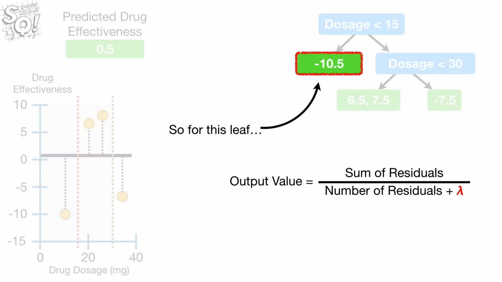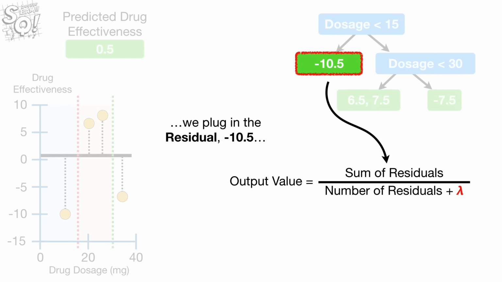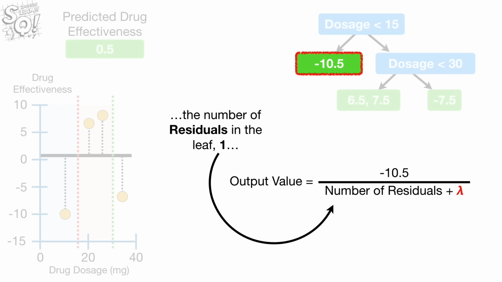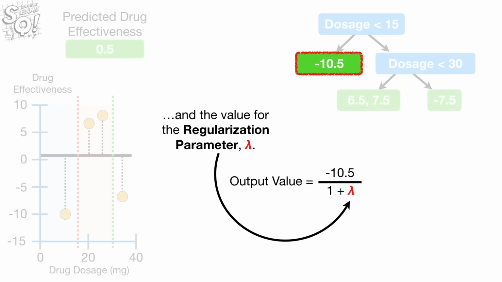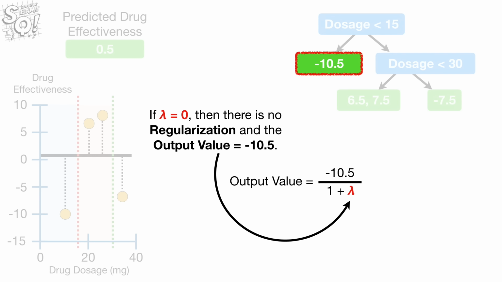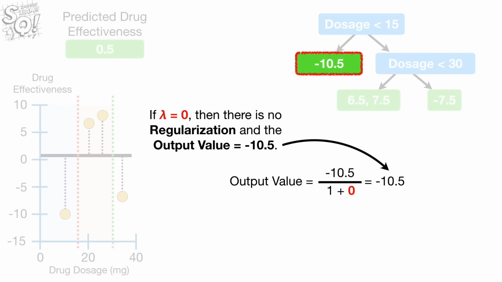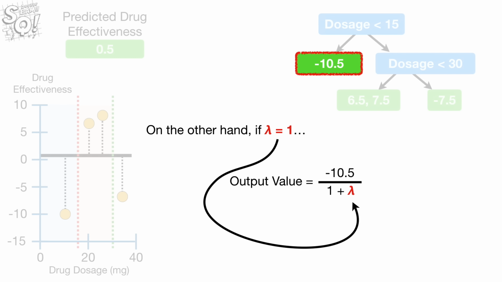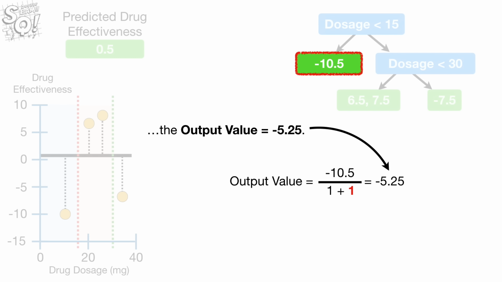So, for this leaf, we plug in the residual, negative 10.5, the number of residuals in the leaf, 1, and the value for the regularization parameter, lambda. If lambda equals 0, then there is no regularization, and the output value equals negative 10.5. On the other hand, if lambda equals 1, the output value equals negative 5.25.